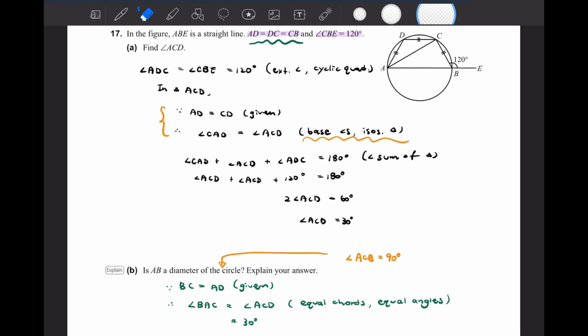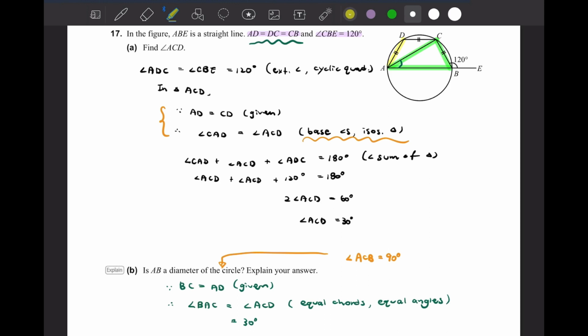So if you can't see it, let's erase this part so we can draw it there. You can see it clearly. So BC and AD. Here is your BC, here is your AD, isn't it? Okay, so this is the chord BC, and therefore the angle corresponding to this is your angle BAC.